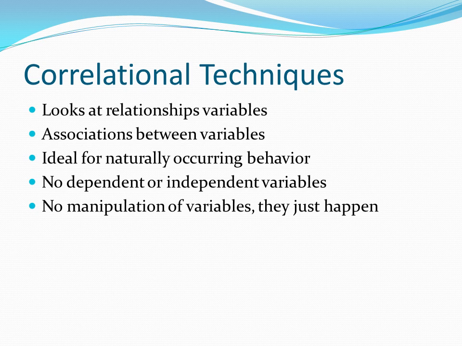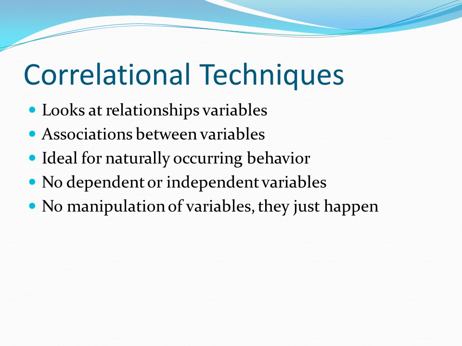The ideal setting for using correlational techniques is something that really naturally happens. It's just a naturally occurring behavior, and it's something that will be measured or studied. You'll understand it a little bit more once we move forward into the PowerPoints.